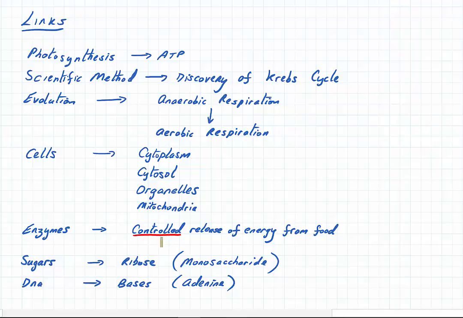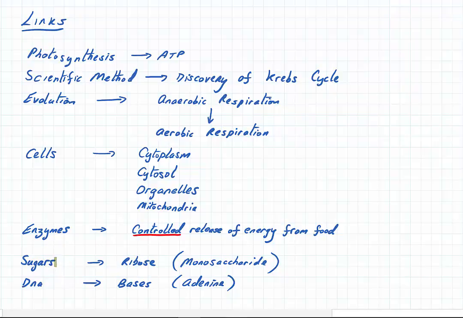Enzymes: the main definition of respiration is that it's the controlled release of energy from food, and that word controlled is key, because what's controlling all this process in the cells are your enzymes, of course. So that's a nice way to link back to the enzyme part of your course.